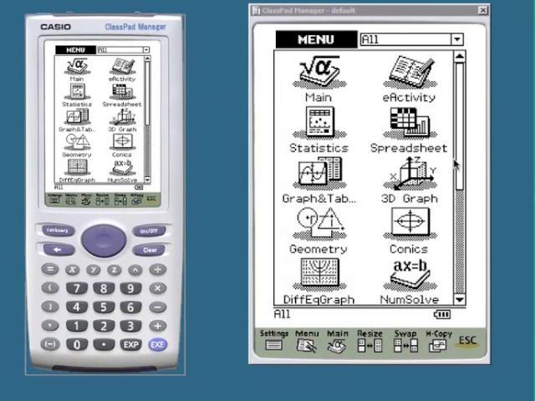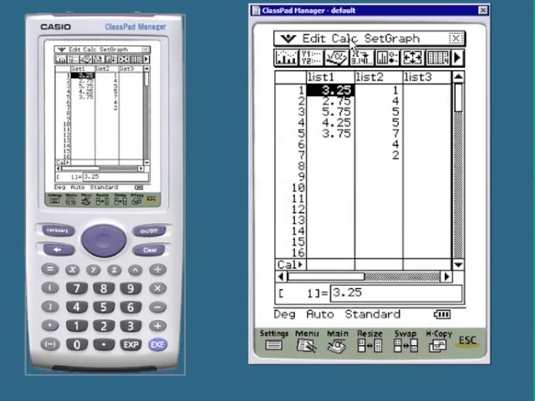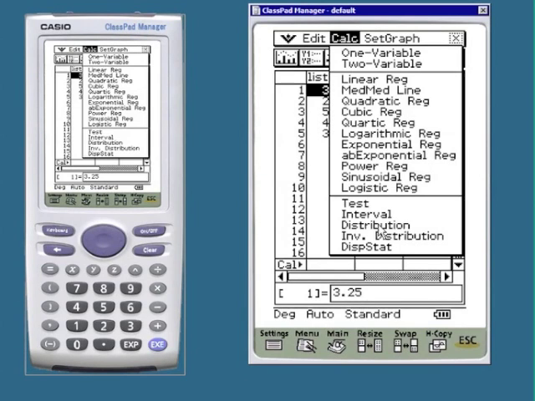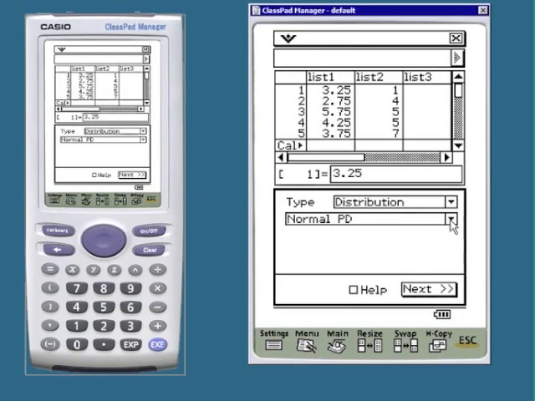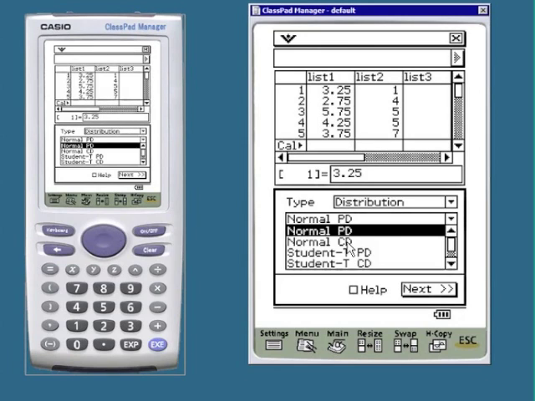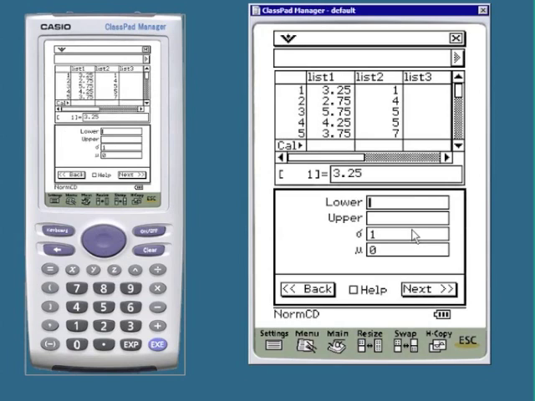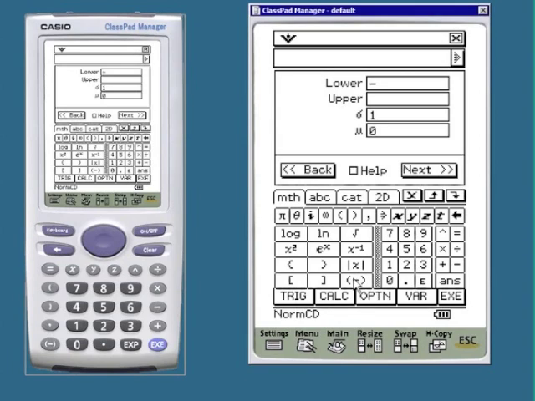If you have a ClassPad calculator, using the Statistics app, we will calculate a distribution. We want to use the normal CD. In the previous example, we wanted a probability that a score was less than 55. So our lower bound is negative infinity and our upper bound is 55.